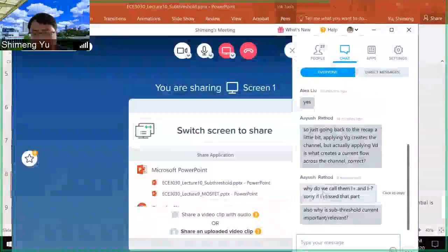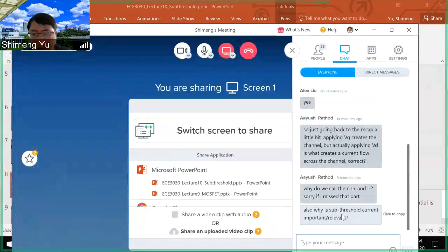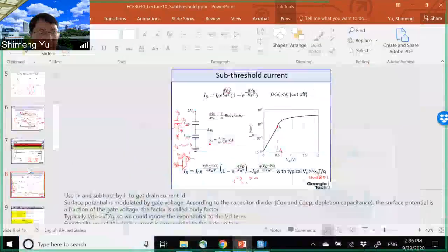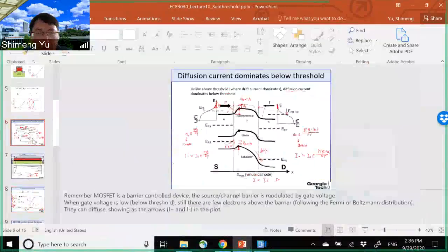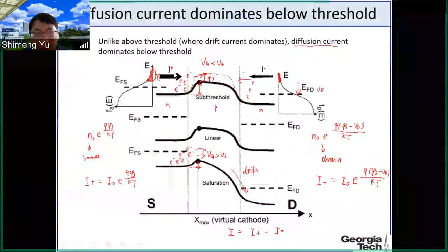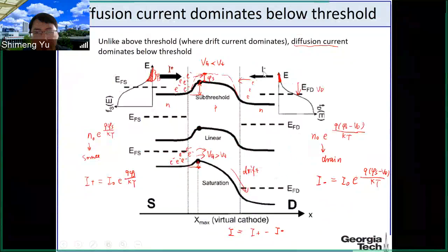Why do we call them I plus and I minus? This is just to, you can call it I left to right, and then this one I right to left. So plus, we just think this is flowing to the right, and minus, we think this is flowing to the left.